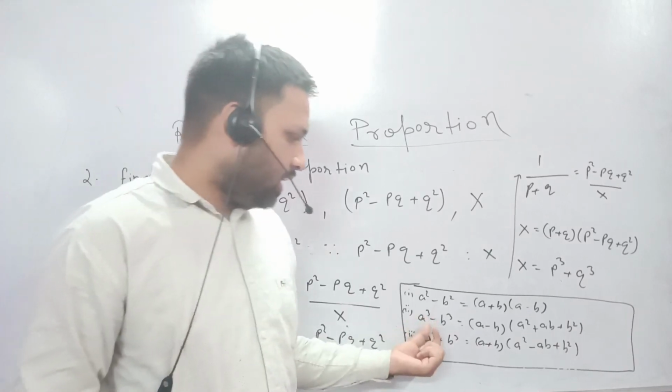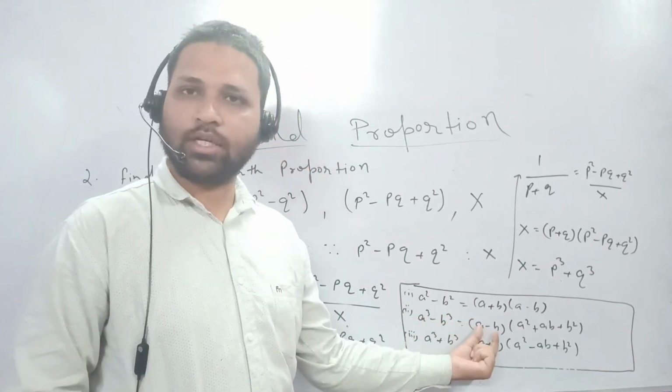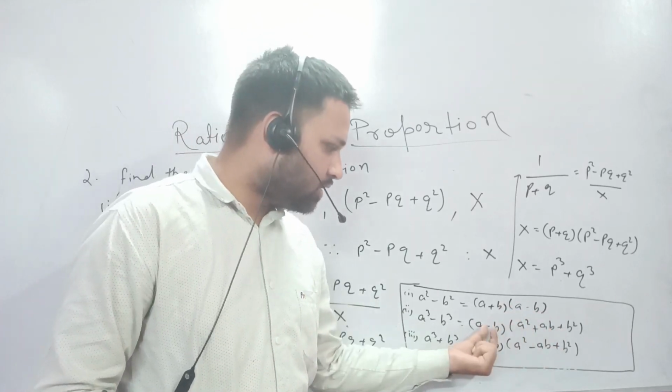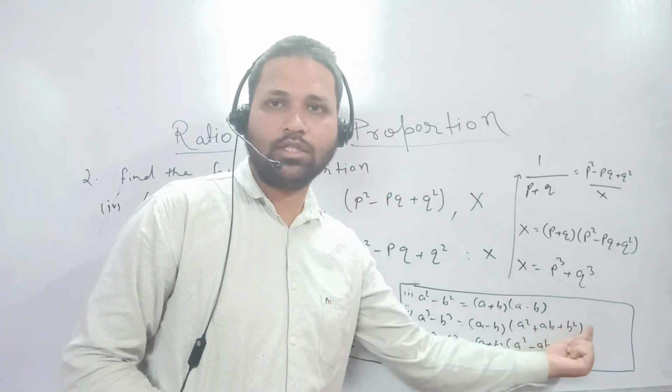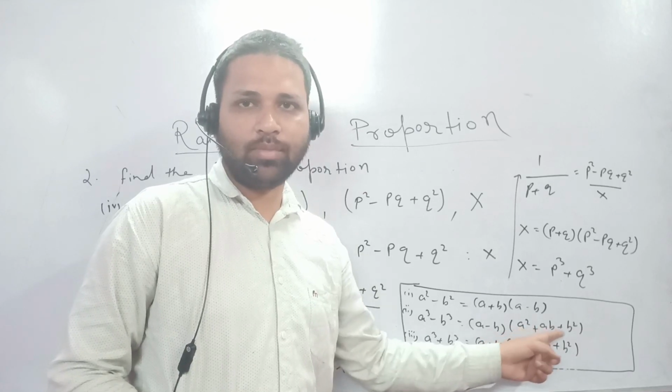Okay, see, a cube minus b cube is equal to, how to write, a minus b is the first factor written here. Then you write a square, then nothing is minus, everywhere is the plus sign: a square plus ab plus b square.